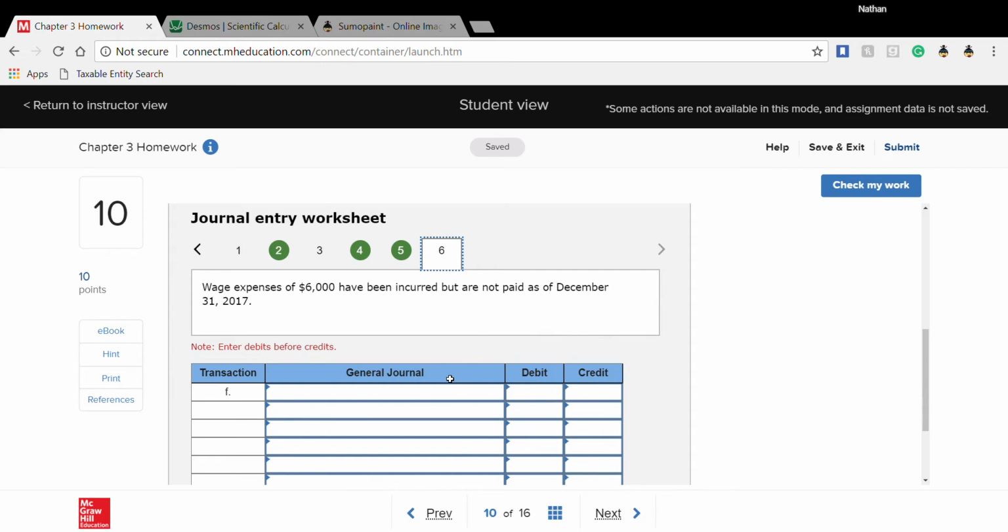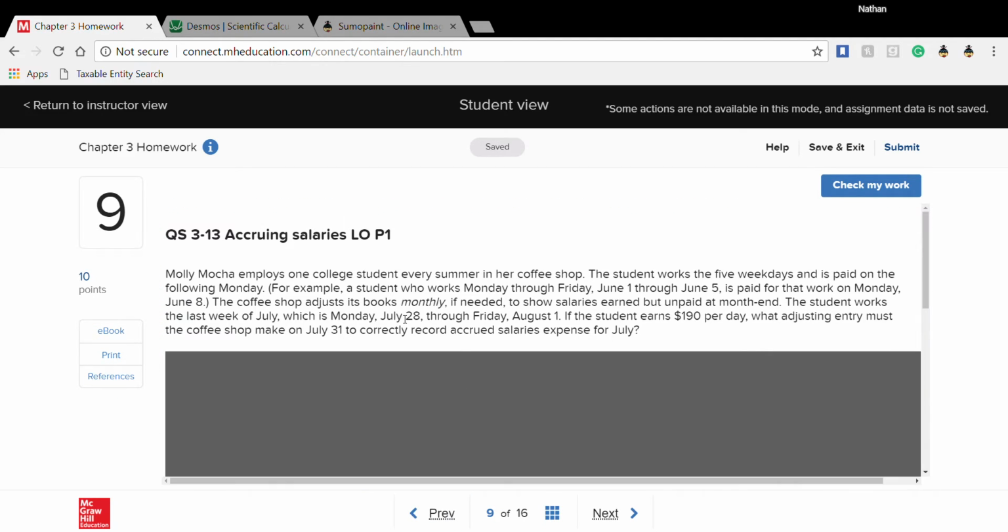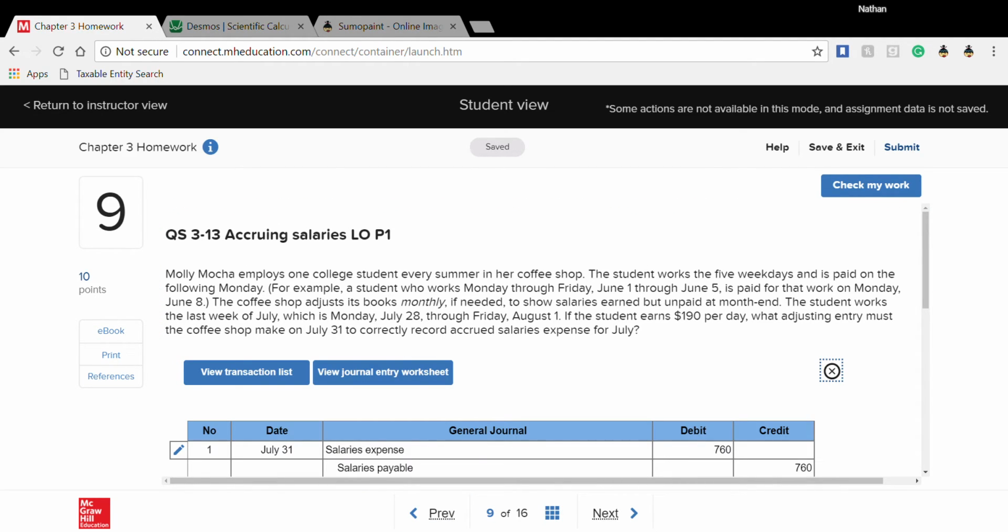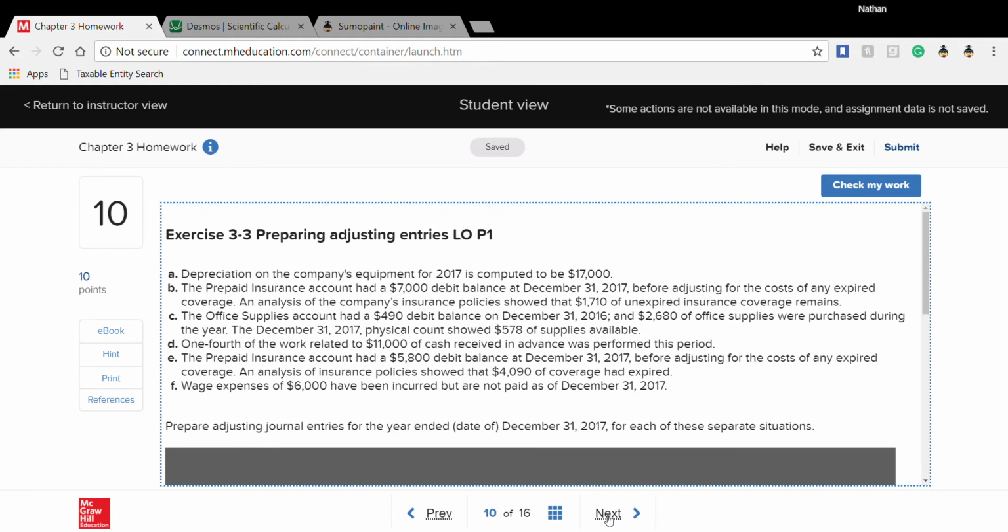Okay, question 6, we have wage expenses of $6,000 that have been incurred but not paid as of December 31st. So again, this is kind of like question number 9 here, except it actually gives you the number.